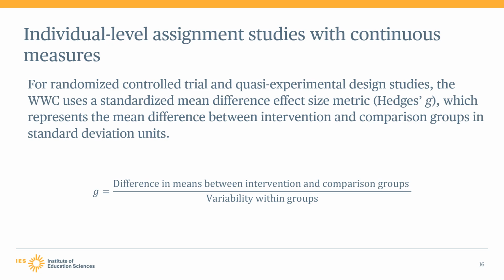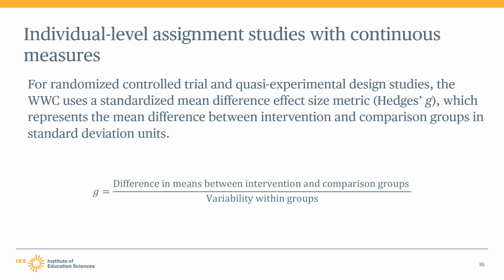This Hedges G effect size can be conceptualized as roughly equivalent to the Cohen's d effect size, which likely is familiar to many researchers and which represents the average difference between an intervention and comparison condition in a standardized way. Because the effect size provides a common, standardized scale for measuring impacts, it can be used to compare findings across different outcome measures.